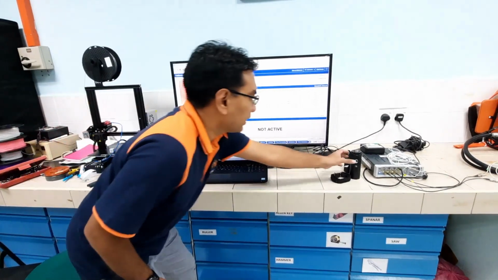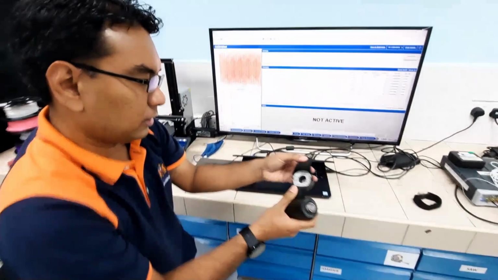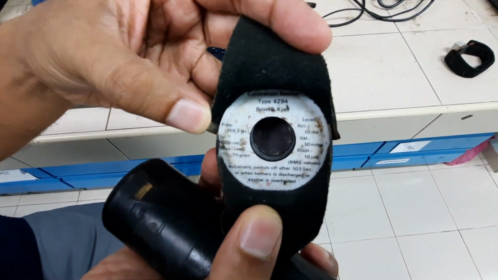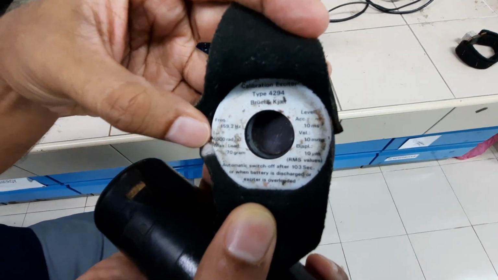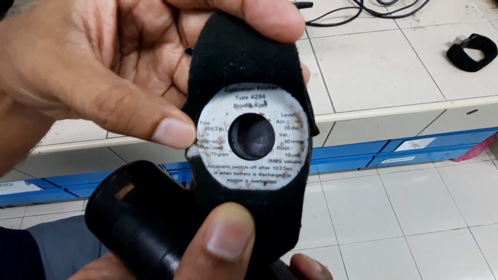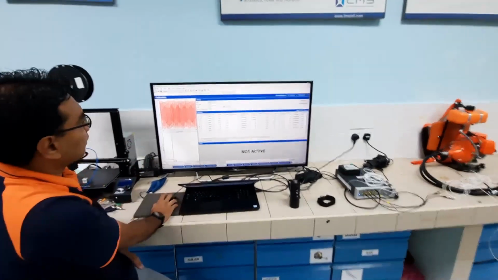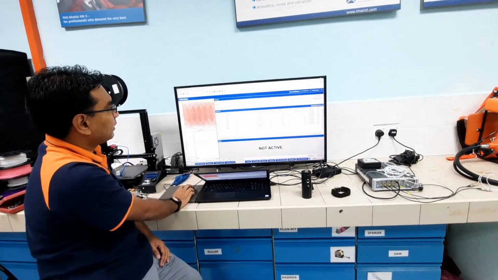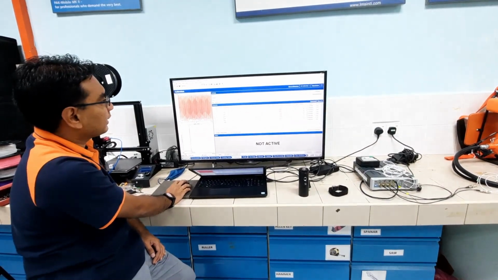The calibrator actually has a specific frequency, 159.2, and an amplitude, and this is what we need to input into our system. So we have a frequency of 159.2 Hz, the level 10, and we will calibrate for 10 seconds.